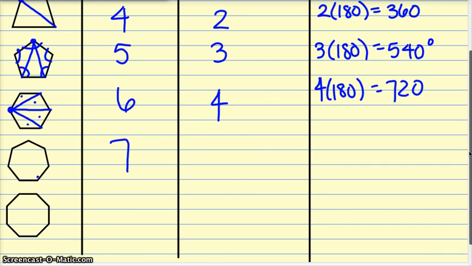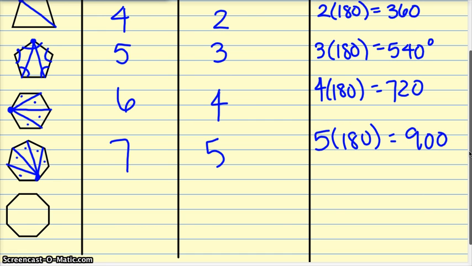Pick any side you want to, any vertex, and go across to the opposite vertices. And there happens to be one more here. 1, 2, 3, 4, 5 triangles were created. So if there's 5 triangles, 5 times 180 ends up being 900. And then the last one, an 8-sided figure. Let's see, there's one there.